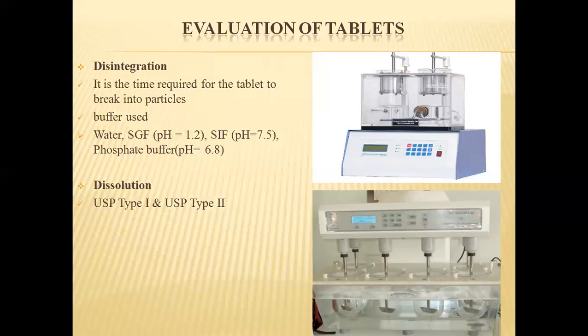The general method for conducting dissolution is you have to place 1000 ml of water which should be free from dissolved air, and the temperature of the water has to be around 37 degrees centigrade inside the vessel. The tablets are to be given inside the basket. After setting the temperature, we have to start the motor and the rotational speed should be according to the need. It can be around 50 rpm or 100 rpm.